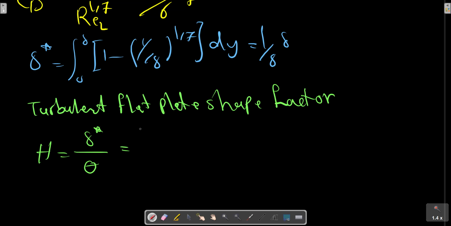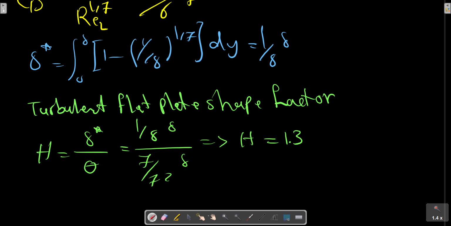Obtained before, we have delta star and theta, we can obtain H equal to 1.3.